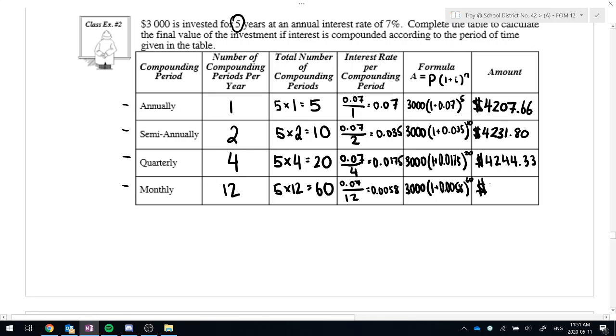So this one's going to give us $4,244.43. So you get 10 cents more. Big deal, right?